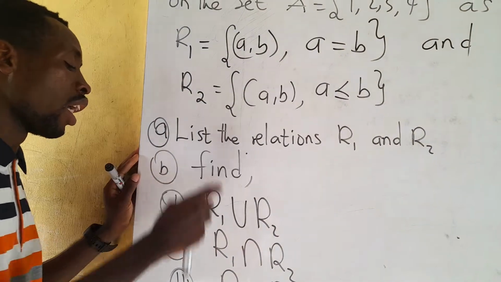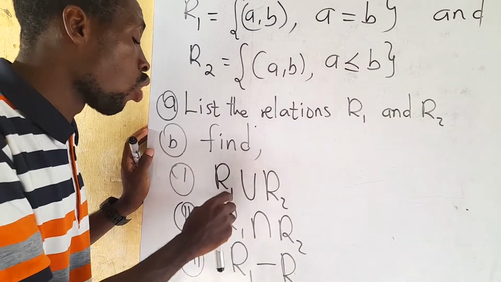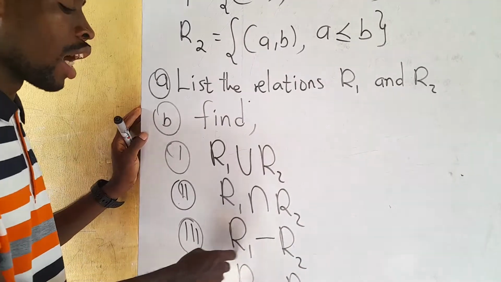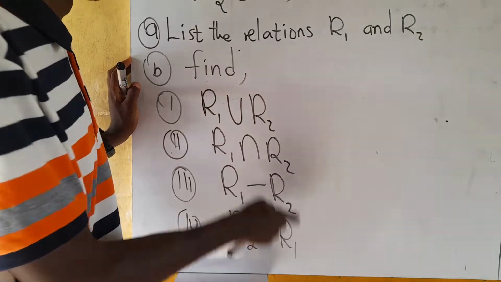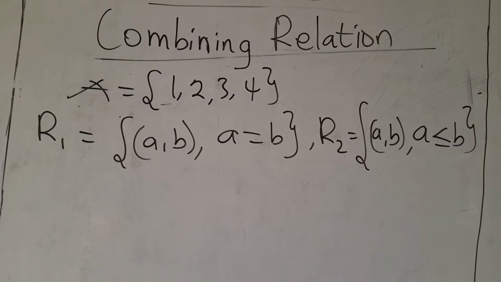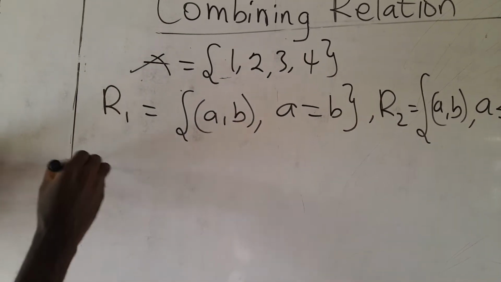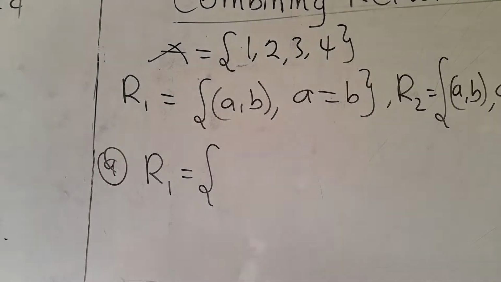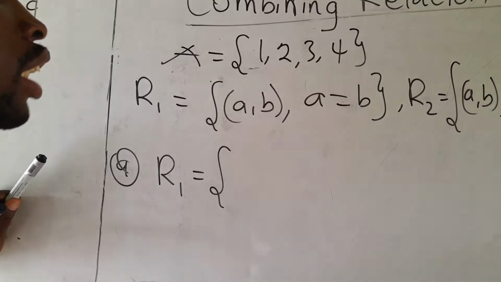Then B, find R1 intersection R2, then R1 union R2, then R1 difference R2, then R2 difference R1. So you have to first list the relations. So let's solve it. R1 is here, R2 is this. So our part A says we should list R1 and R2. So look at it. We'll find the ordered pairs using the elements of the set A.